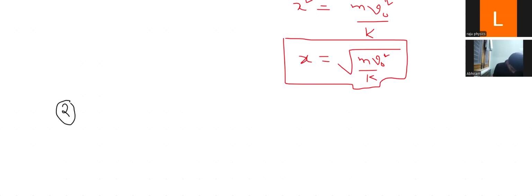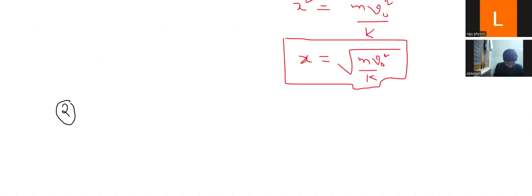A particle slides along a track shown in the figure.